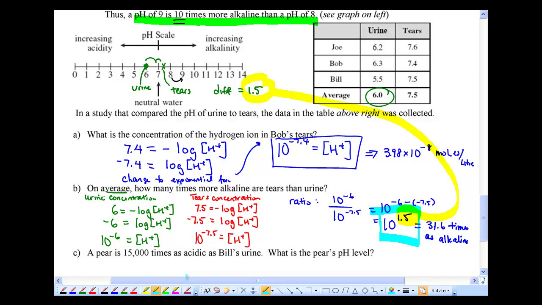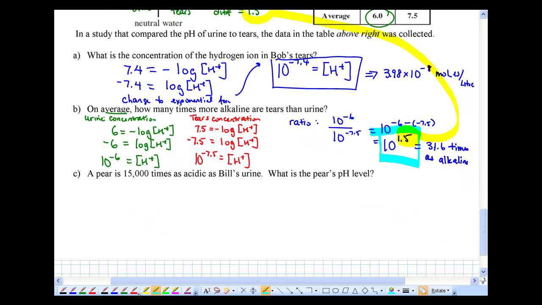Okay, last one. A pear is 15,000 times as acidic as Bill's urine. What's the pear's pH level? Well, let's figure out once again the hydrogen concentration of Bill's urine. 5.5. We'll do the urine concentration again.